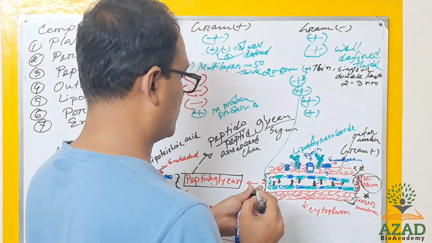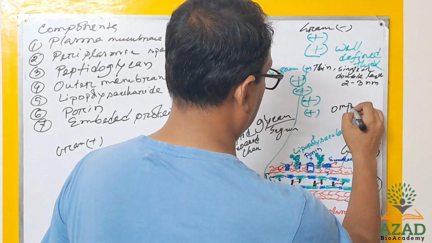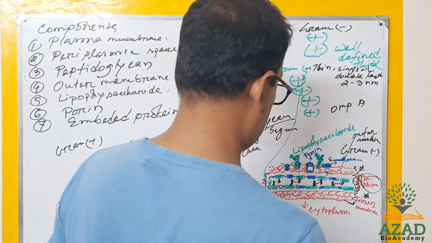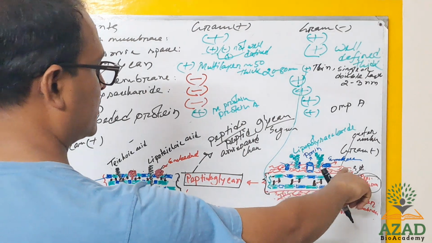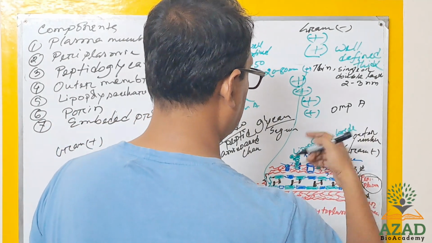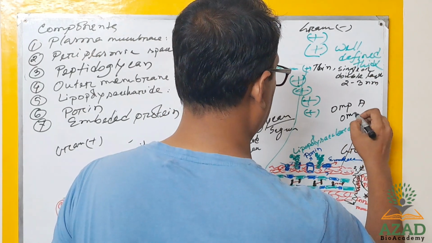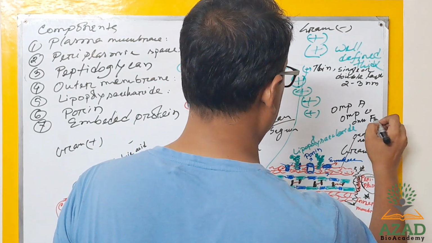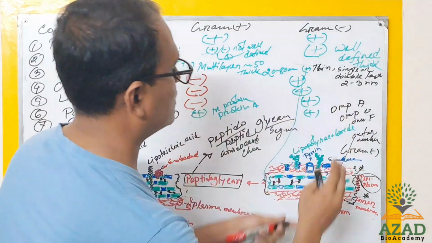And here the embedded protein you can say is outer membrane protein A. This is the embedded protein, and here also there are embedded proteins. They have some parts like outer membrane protein C, outer membrane protein F, like that. So these embedded proteins are completely different between gram-positive and gram-negative.